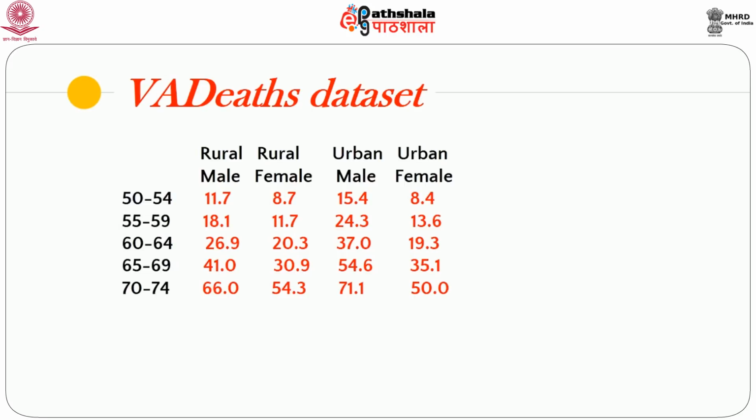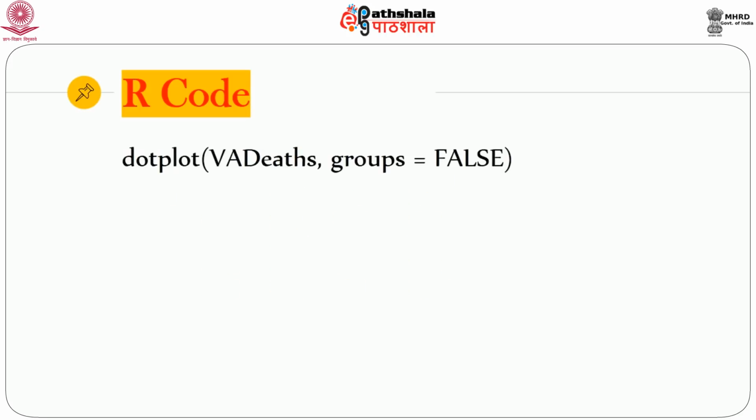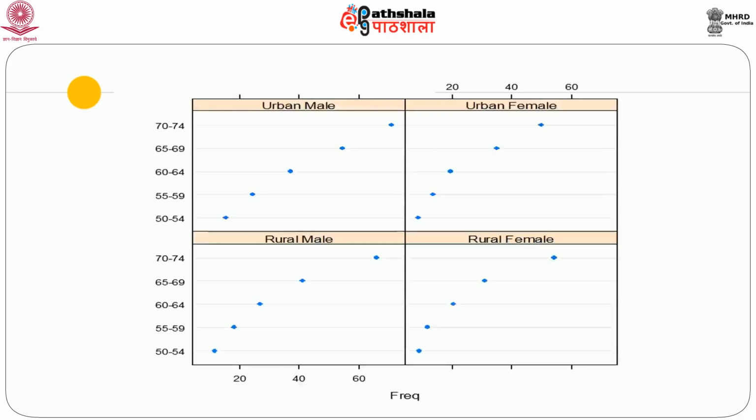So this is what the data description is. Look at the R code. Here we are using all the other default settings, and along with that we are using default equals false. And look at the output that we are having here. These are primarily dot plots of death rates cross tabulated by age and demographic groups. Now have a look at the next one.